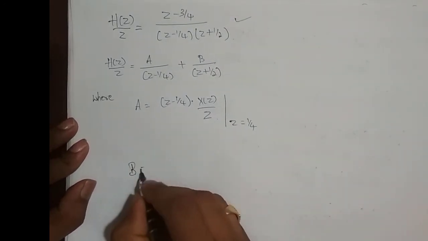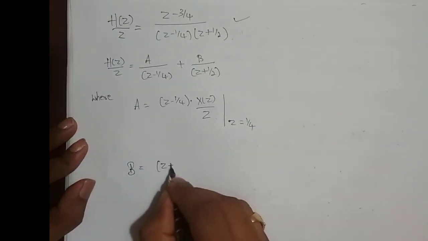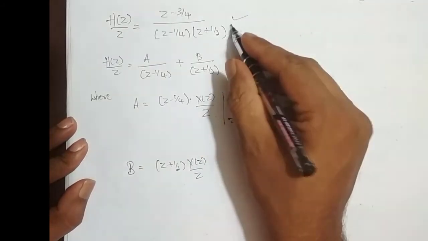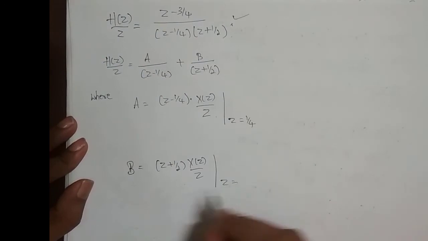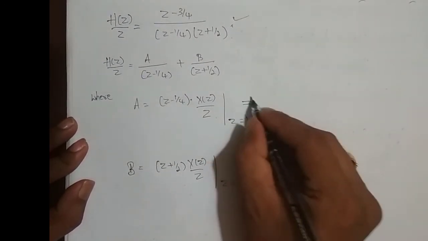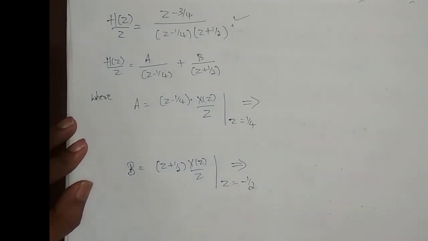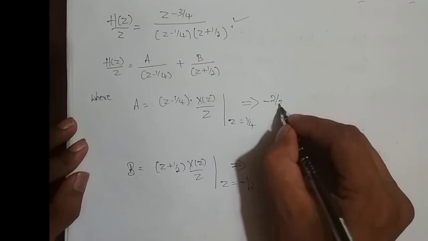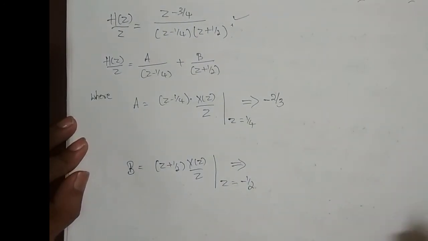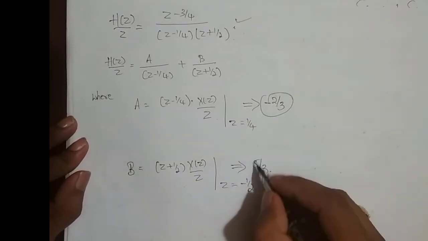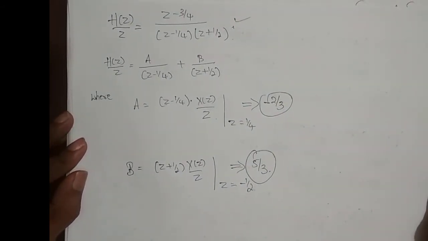Similarly, b is z plus 1 by 2 into h of z by z, evaluated at z where this goes to 0, which is minus 1 by 2. I'm not solving it, I'll directly write the answer. I get a as minus 2 by 3 and b as 5 by 3. So this is the value of a and this is the value of b.